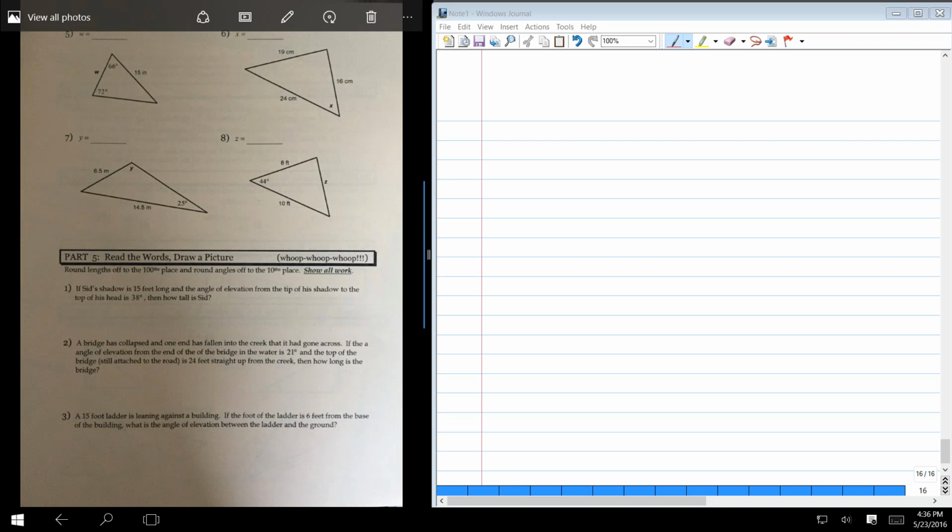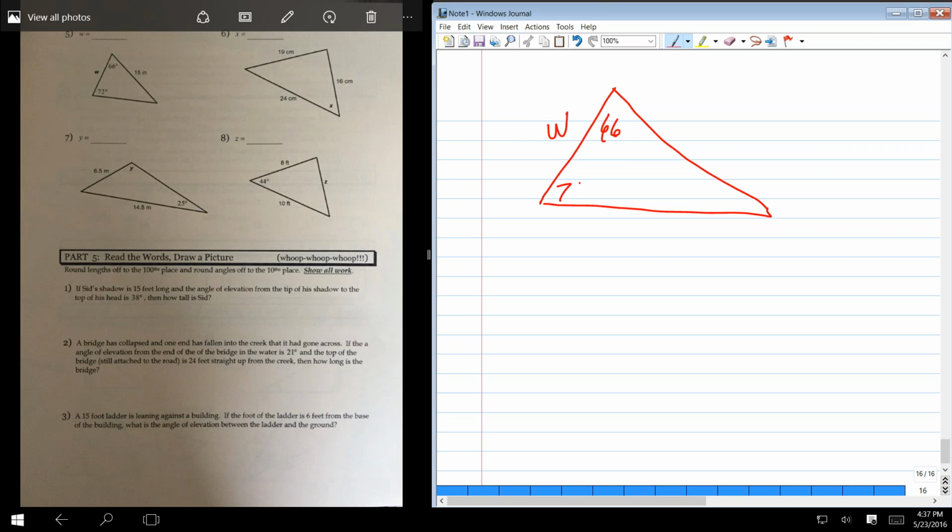So which one do you use on number 5? You could use the law of cosines. No. Always, first of all, the law of sines is much easier, so always look to use the law of sines if you can.